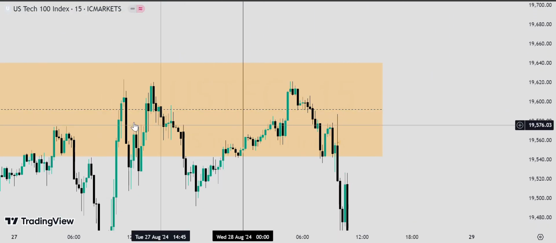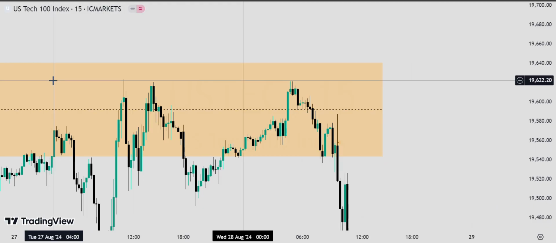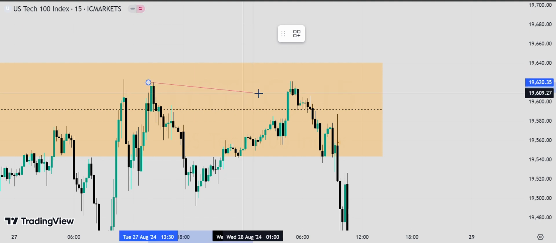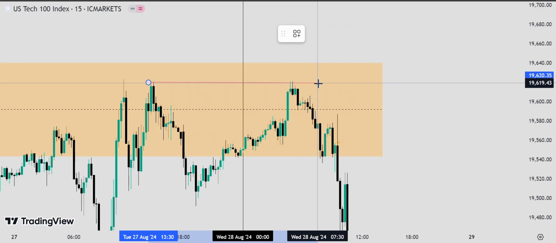In the 15 minutes, you can see those two things, they formed equal highs. Although if you check properly, this liquidity is taken. If you check it properly, that liquidity is taken today.